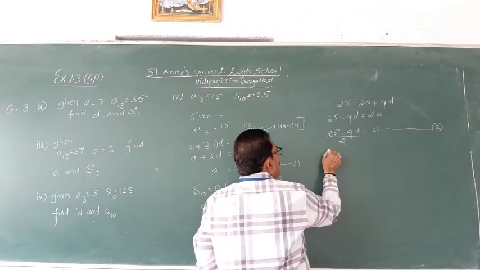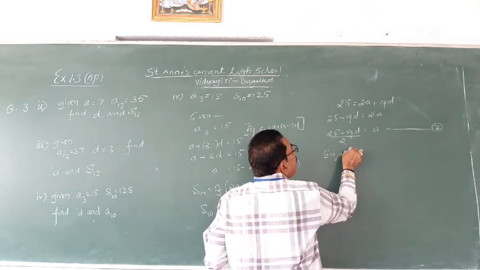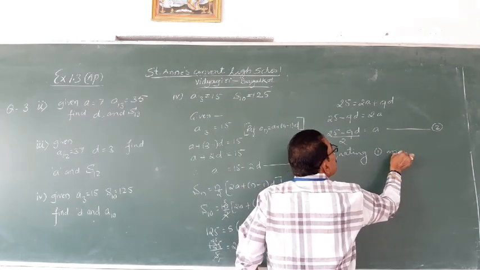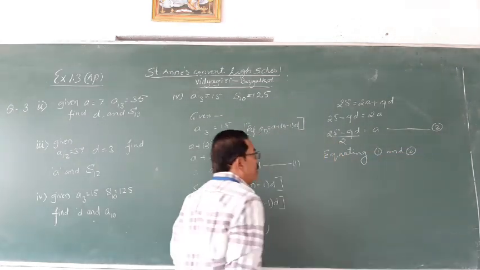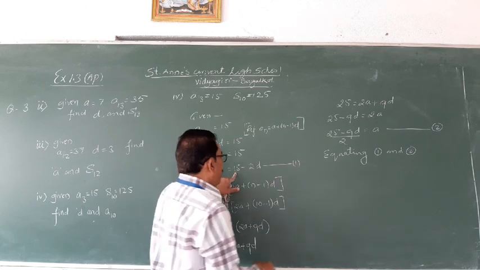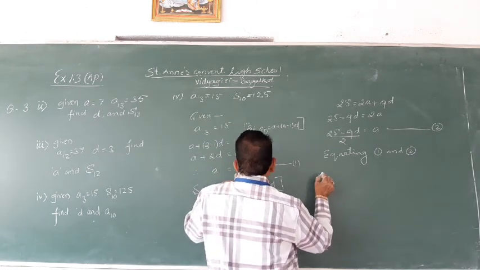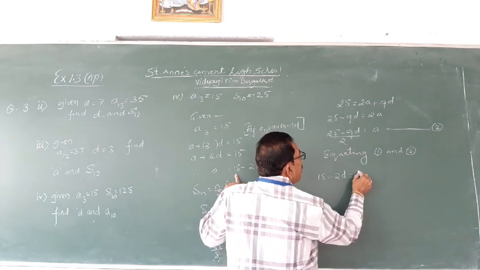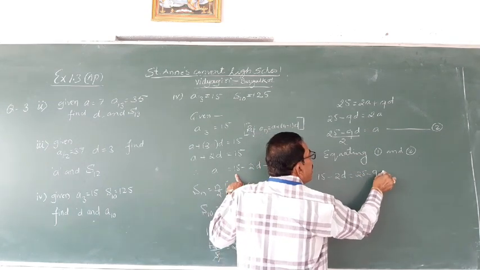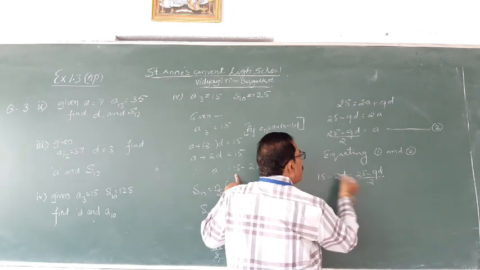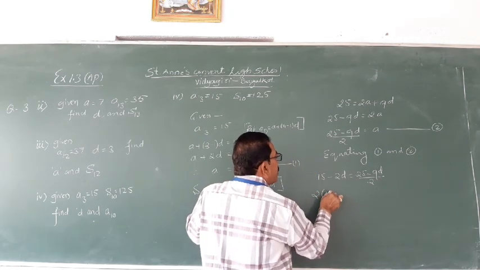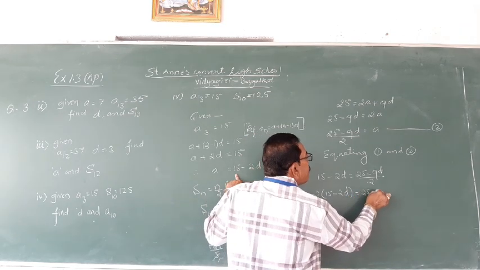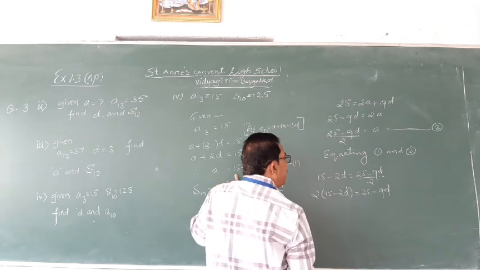Second one, equating first and second. First one is 15 minus 2d equals the second one, (25 minus 9d) divided by 2. By cross multiplying, 2 in the bracket 15 minus 2d equals 25 minus 9d.